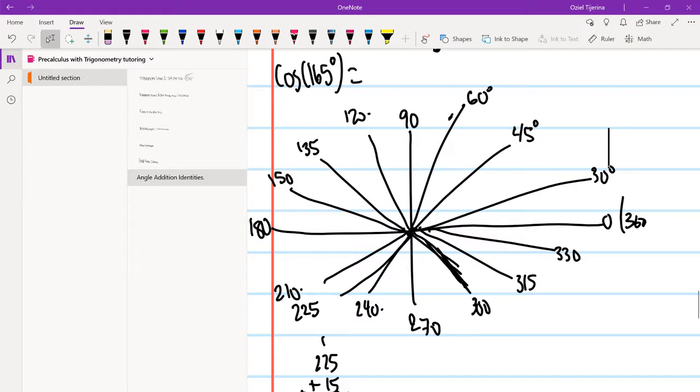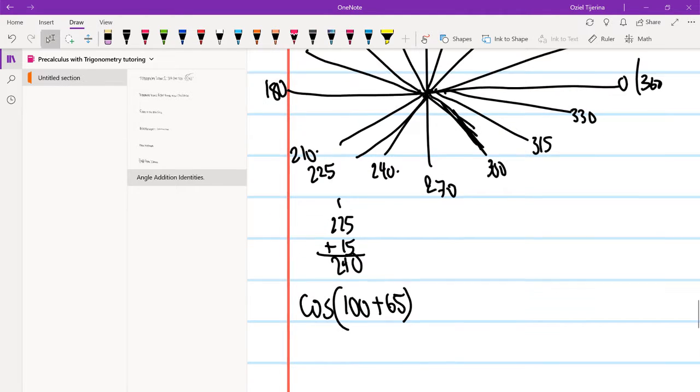So if you have the cosine, it would be like saying the cosine of 100 plus 65, but again, we don't know what the cosine of 100 or 65 is.